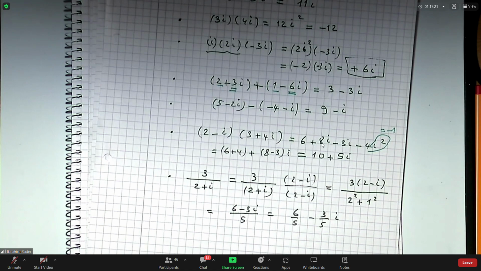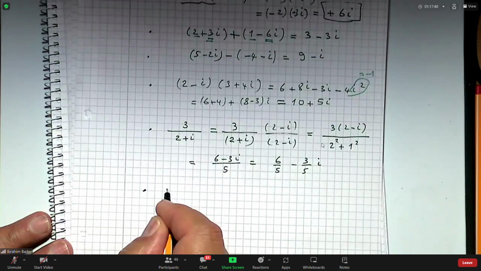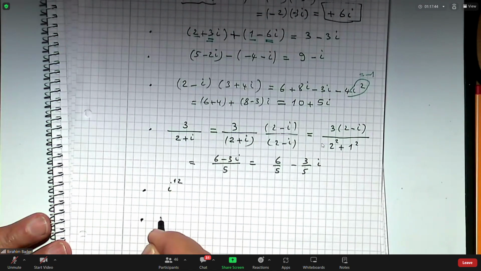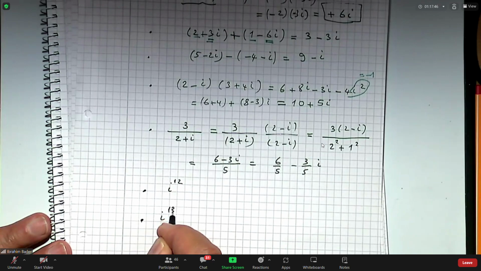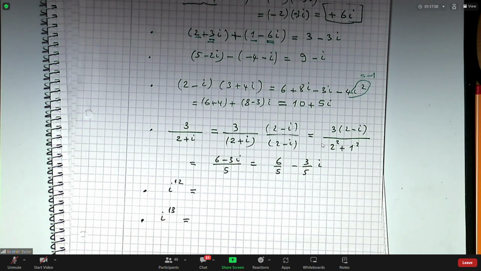Now we will have a couple of powers: i to the power 12, i to the power 13. So what do you think?